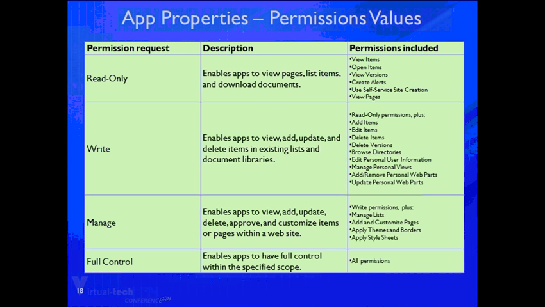Okay, at a high level, there are 4 permissions: read only, write, manage, and full control. So it depends on the app, on what it needs to do. Most of the time, it is not recommended to go for full control. You don't know who's going to use the app and what kind of permissions they're going to exercise. Always start with the basic minimum permissions. The way the app permission model works is it uses the LCD, lowest common denominator, and it has a nice matrix.